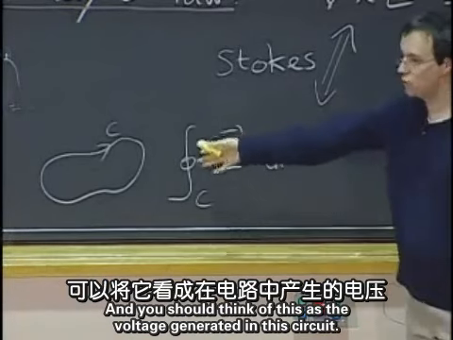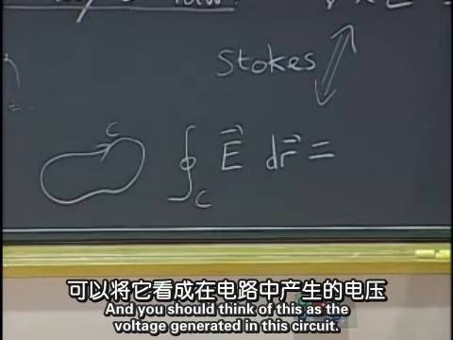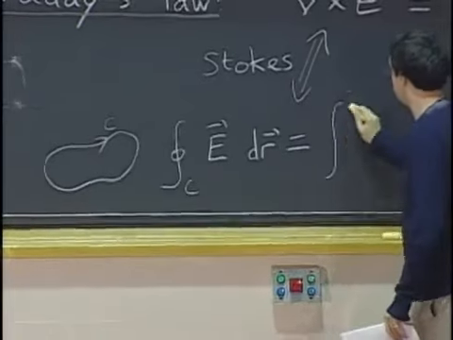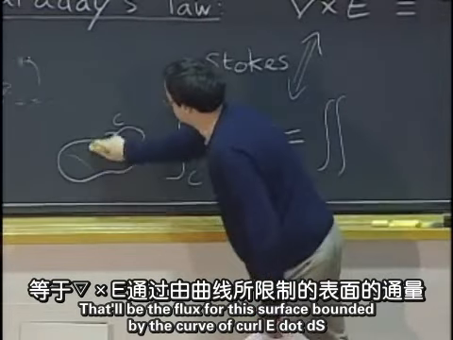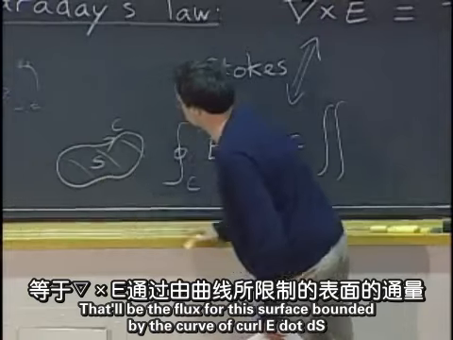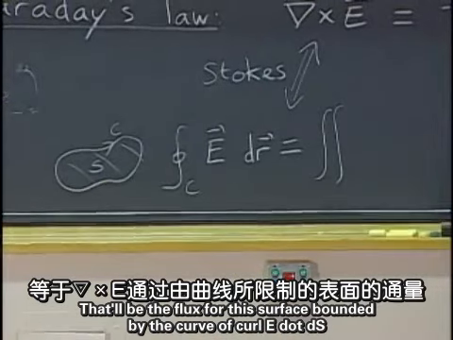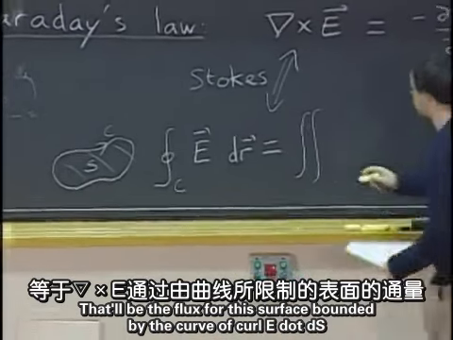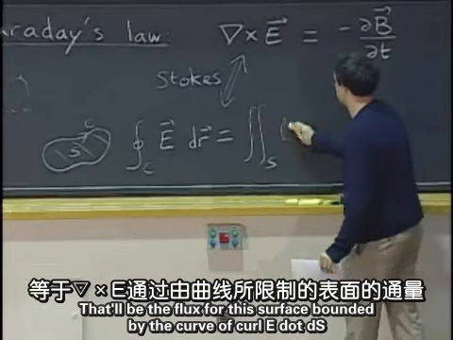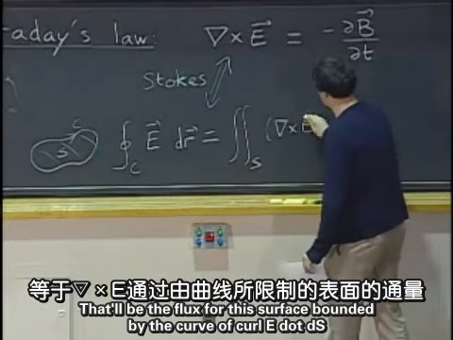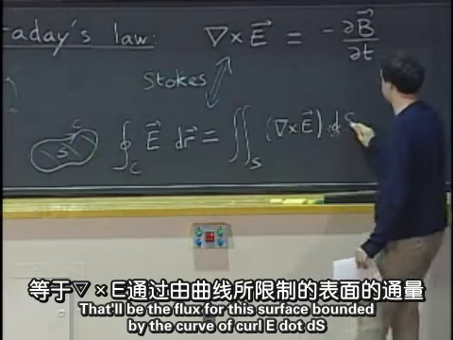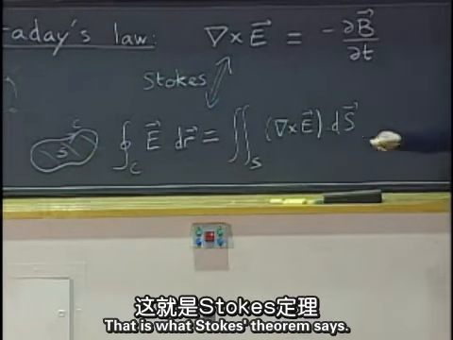And you should think of it as the voltage generated in this circuit. That will be the flux through this surface bounded by the curve of curl E dot dS. That's what Stokes' theorem says.